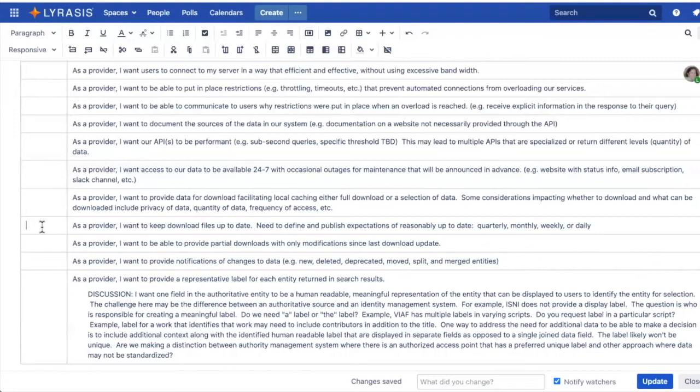So moving from this local caching concept, as a provider I want to keep download files up to date, and need to define and publish expectations of reasonably up to date. Some places will make downloads available quarterly, monthly, weekly, or daily.